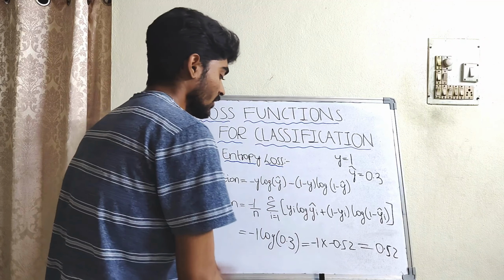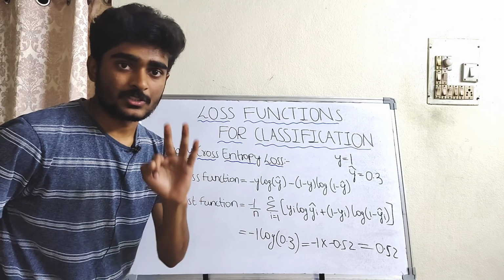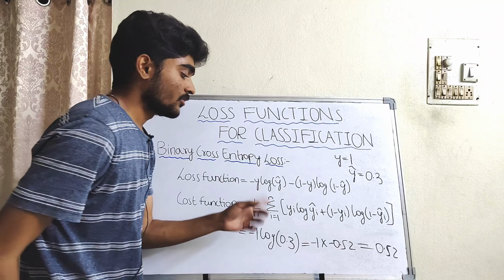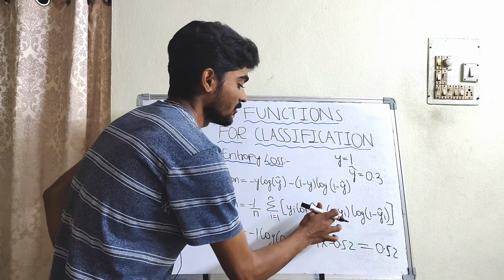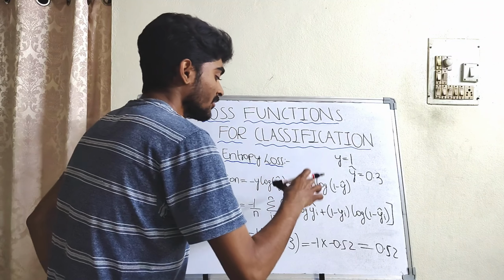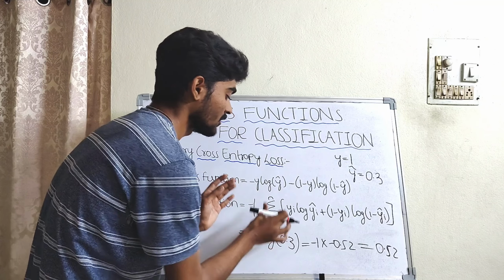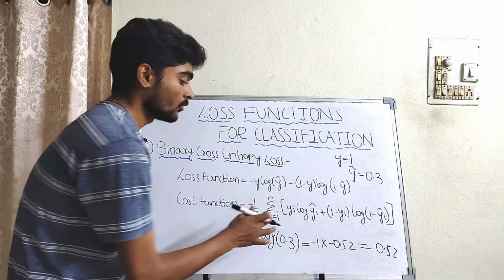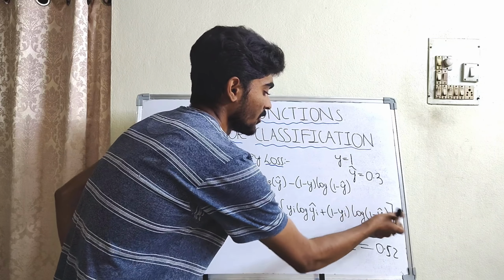Now let's say you are calculating the cost function for three samples. Then it becomes minus 1 by 3, summation of i equal to 1 to 3. First you substitute 1, so y1 log y1 hat plus 1 minus y1 log 1 minus y1 hat. Then, as you are running the summation operator, you add another term with i equal to 2: y2 log y2 hat plus 1 minus y2 log 1 minus y2 hat.